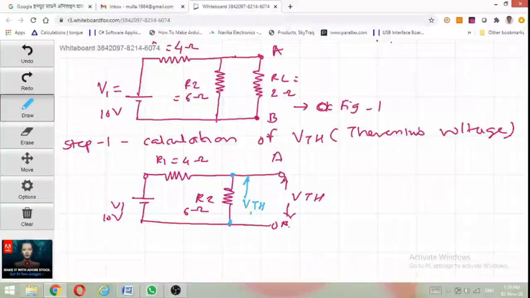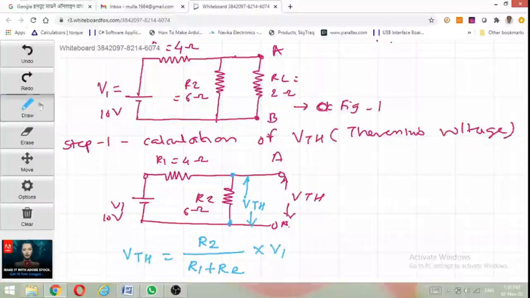By using the voltage division rule we will calculate VTH, and the formula is: the voltage across R2 is given by R2 divided by the total resistance in the circuit, R1 plus R2, since it is a closed circuit, multiplied by the applied voltage V1.